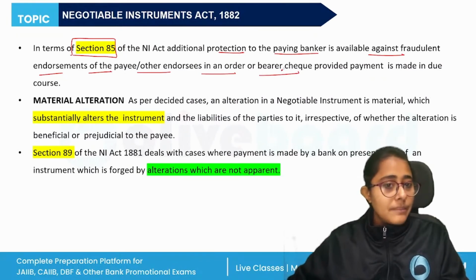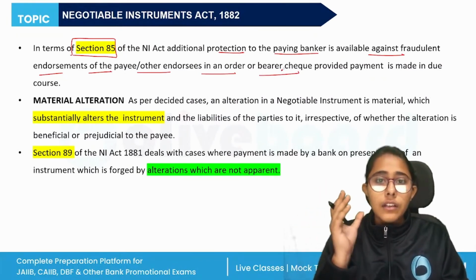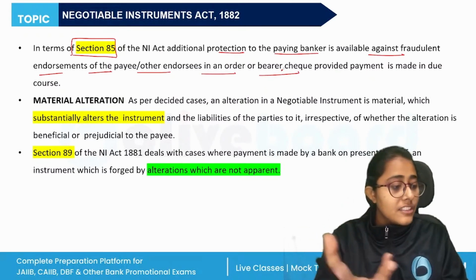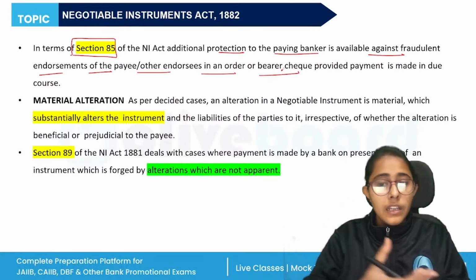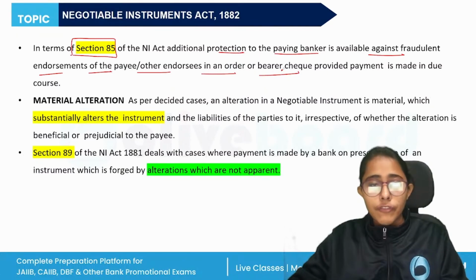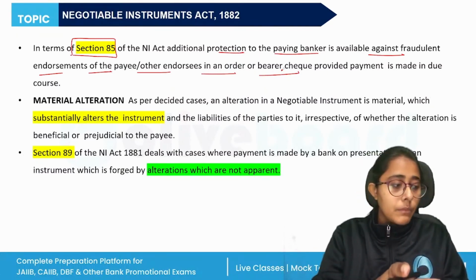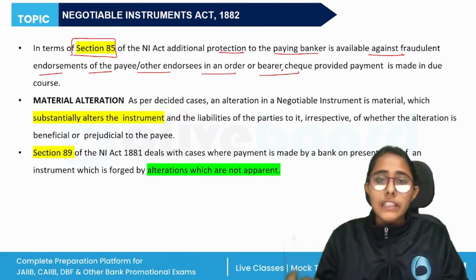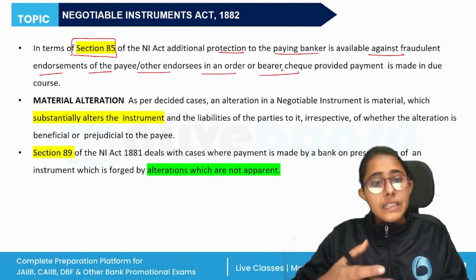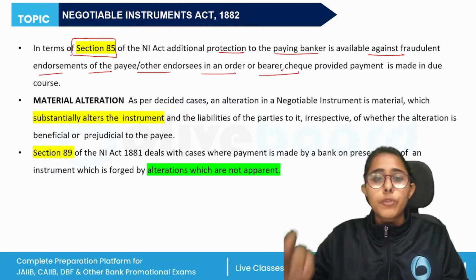If the payment is made by the banker in due course, and it was not very clear that the changes that were made were against the provisions of the Act, and the bank had taken due care, used all the preventive measures and all the vigilance, then even if any fraudulent activity has occurred, the bank will be provided additional protection.